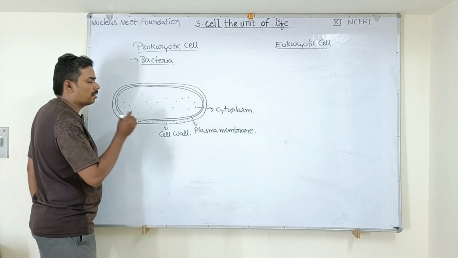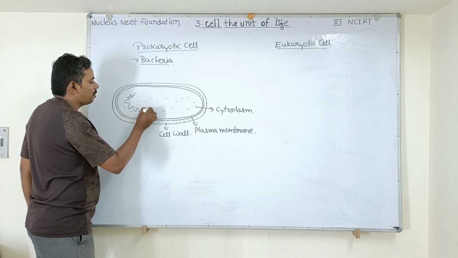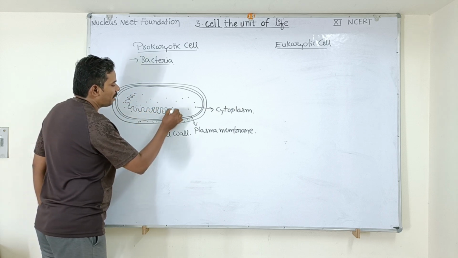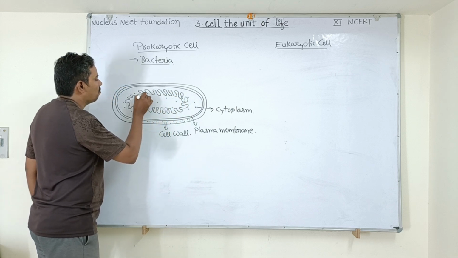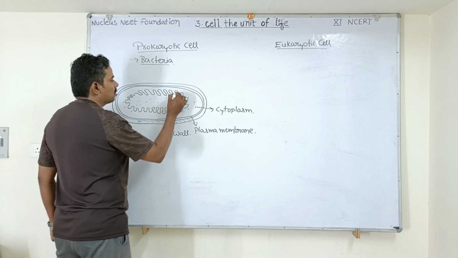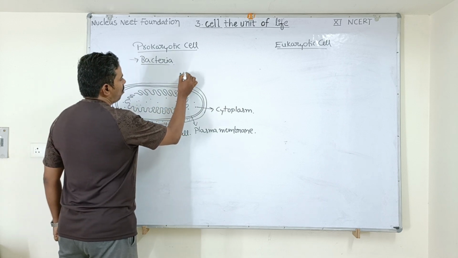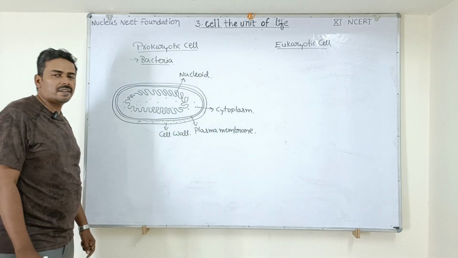Nucleus is absent, but the DNA, deoxyribonucleic acid, the DNA molecule, it is compactly folded and arranged in a region. The region where you can find the DNA, this region we call it as nucleoid. It is not nucleus, it is called nucleoid beta. Nucleoid क्या होता है?